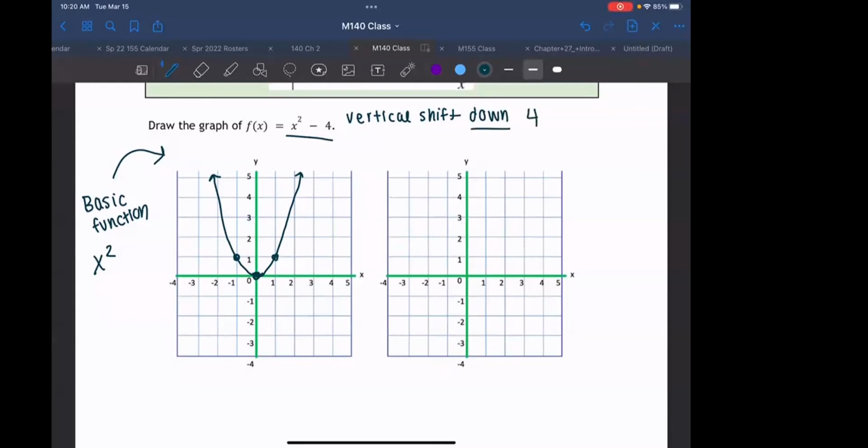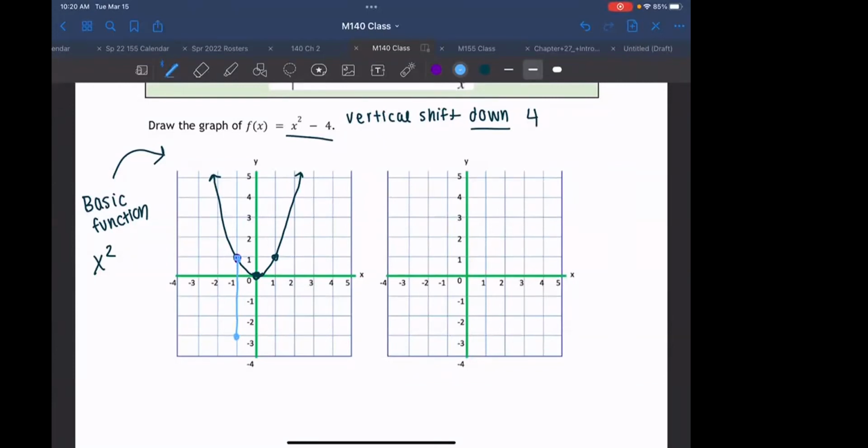Okay. So the way I go about this is I'm going to start with my important points. So let me just highlight one of these important points, and we're going to shift this point down 4. We're going to go 1, 2, 3, 4, and move it down here. Now I'm going to translate this to the graph on the right, so my rightmost graph is my final answer.